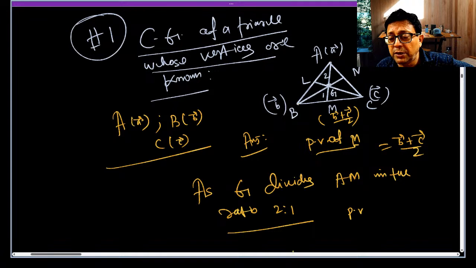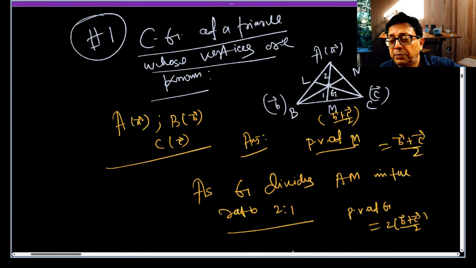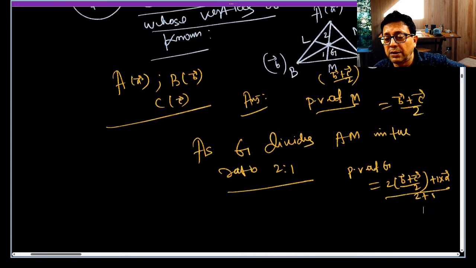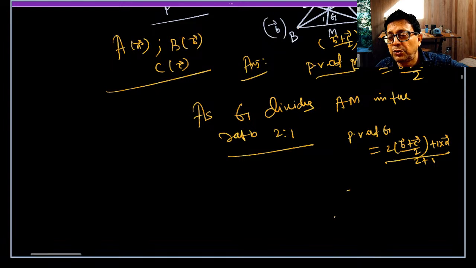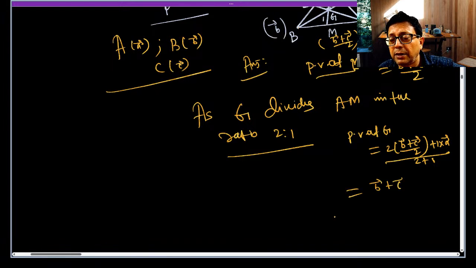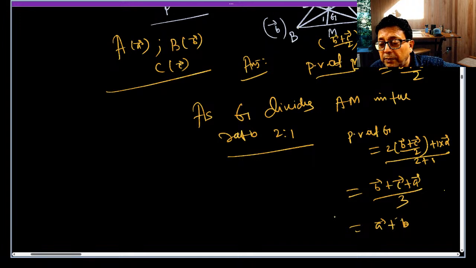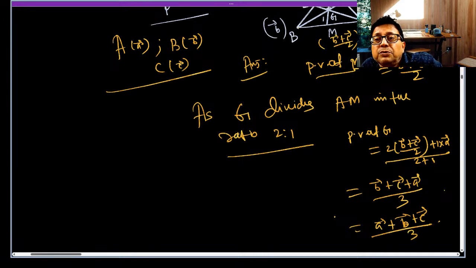So position vector of G is 2 into B plus C by 2 plus 1 into A by 2 plus 1. Okay. So there it will be A plus B plus C by 3. Hope you have understood.